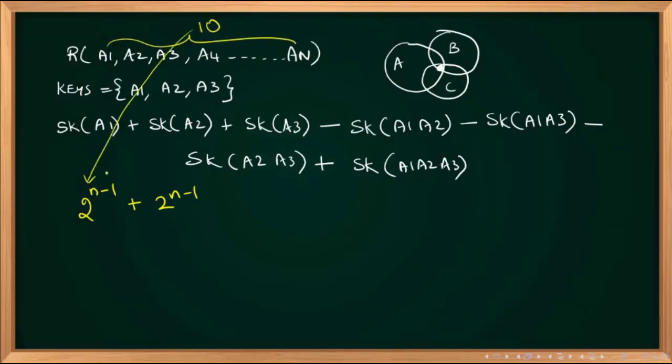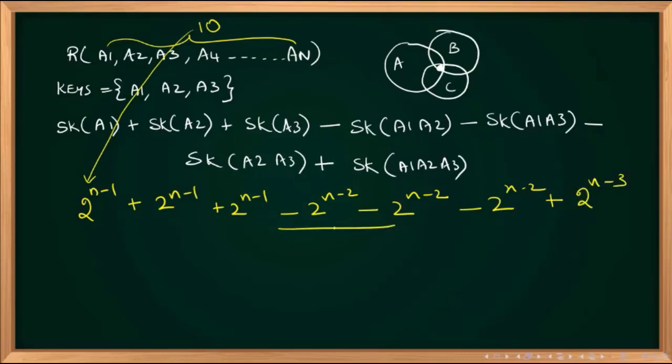Now 2 power n minus 1 plus 2 power n minus 1 plus 2 power n minus 1 minus 2 power n minus 2 minus 2 power n minus 2 minus 2 power n minus 2 plus 2 power n minus 3. Okay. You can explore further. I am just not elaborating this one. You can make some different combinations of this one, and you can discuss in our WhatsApp group for the right answer. Okay. Now we are stopping this discussion over here.